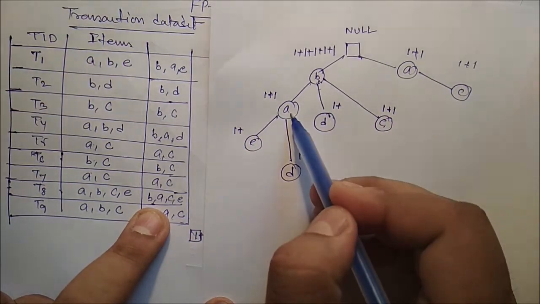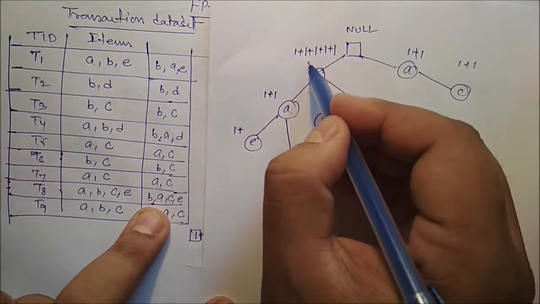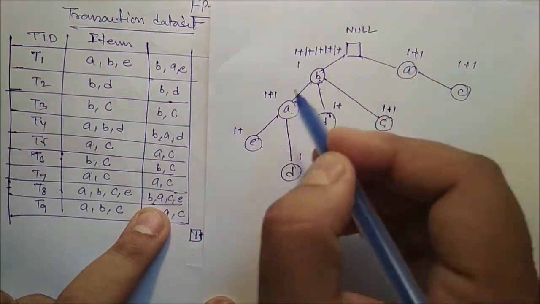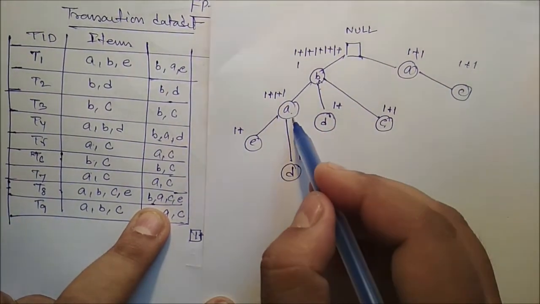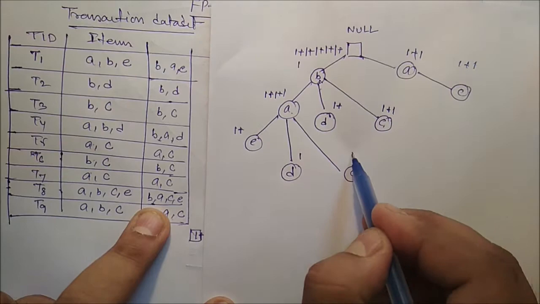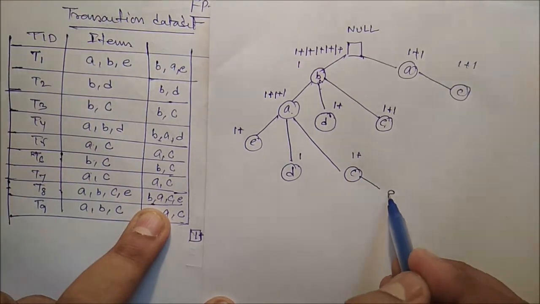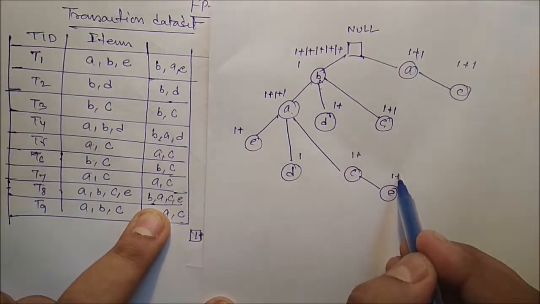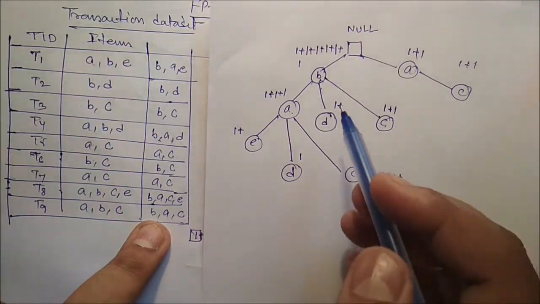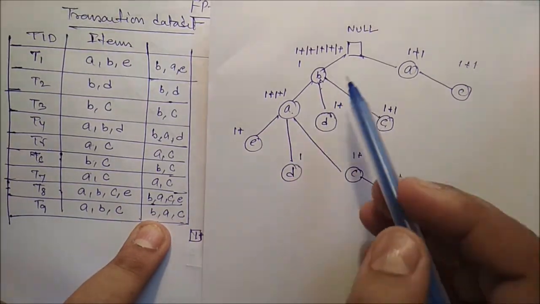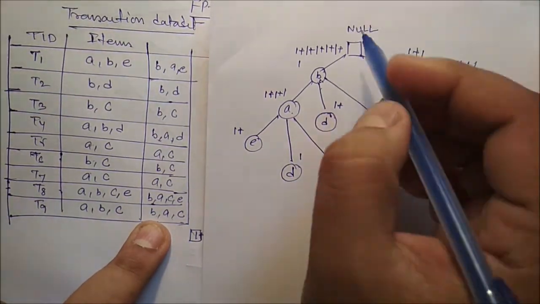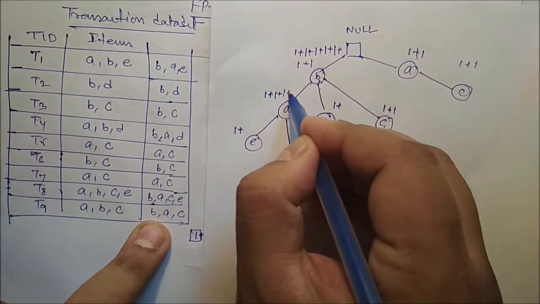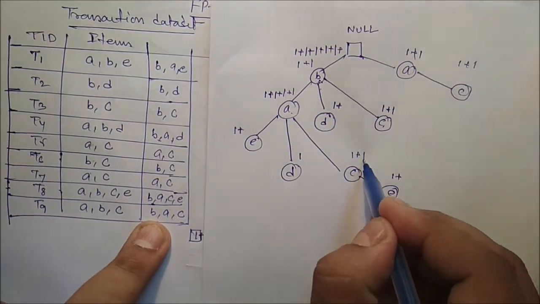B, A, C, and we need another branch, so B, A, C and E. Then BAC once again. So B, A and C.